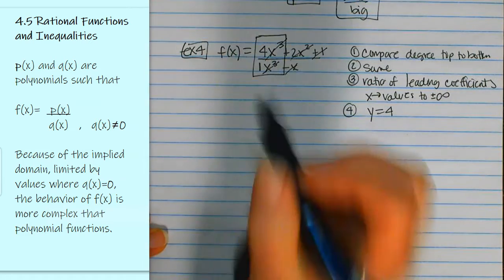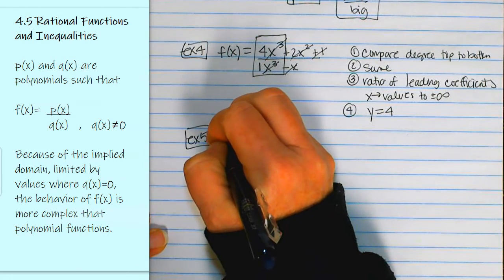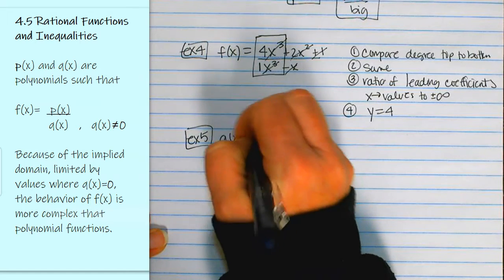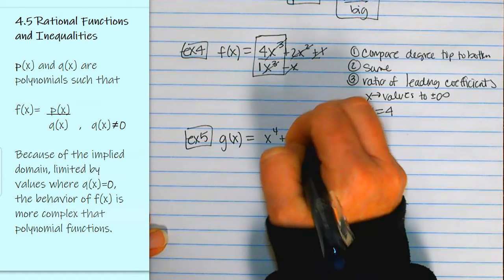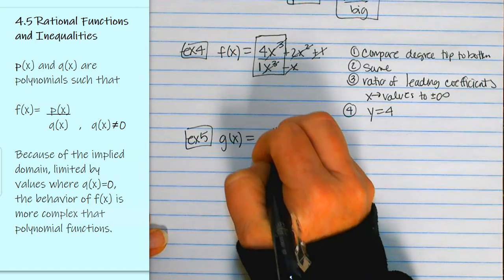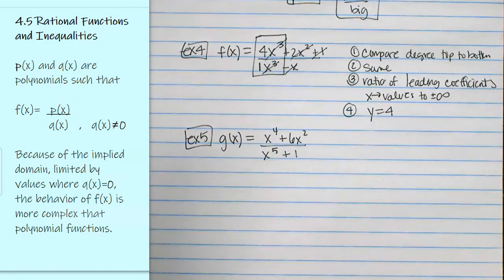So in example 5, g of x is going to be x to the 4th power plus 6x squared over x to anything bigger, so x to the 5th plus 1. I'm just making stuff up.